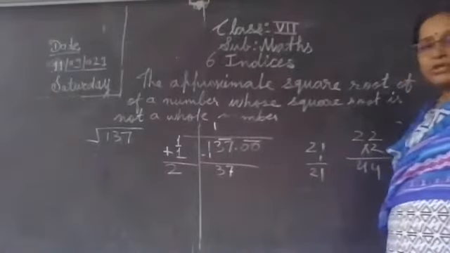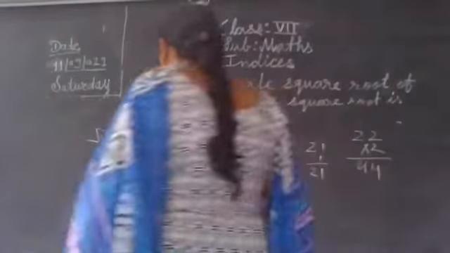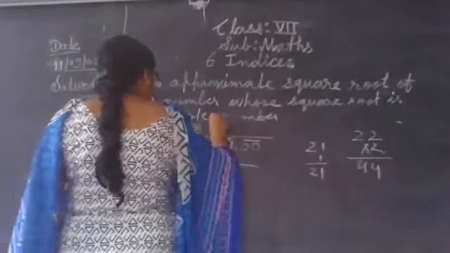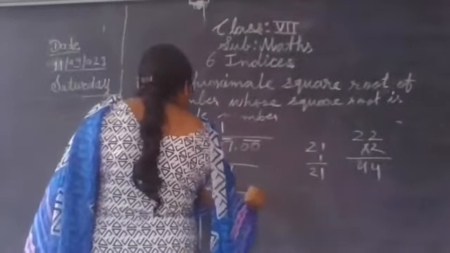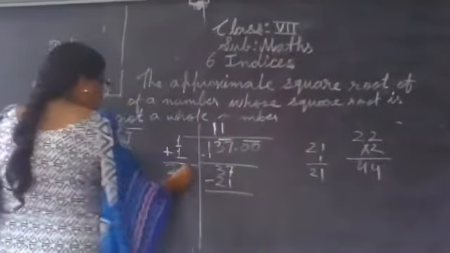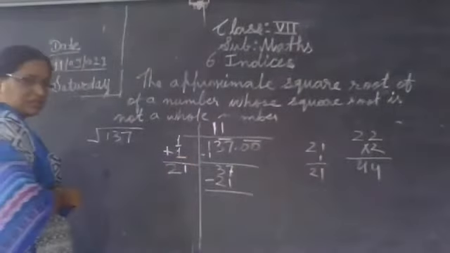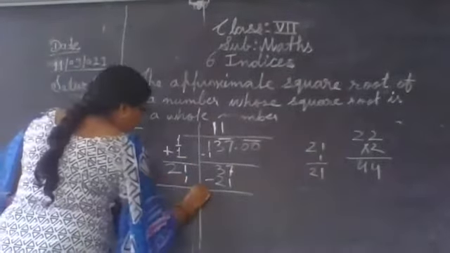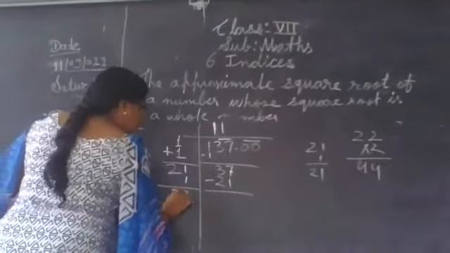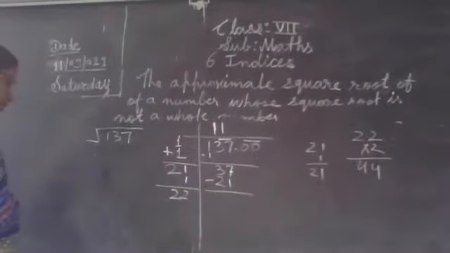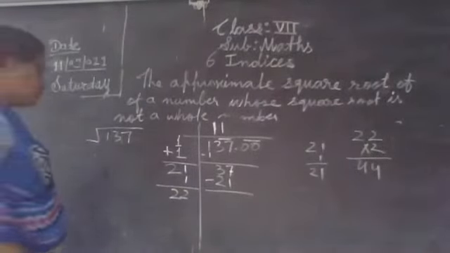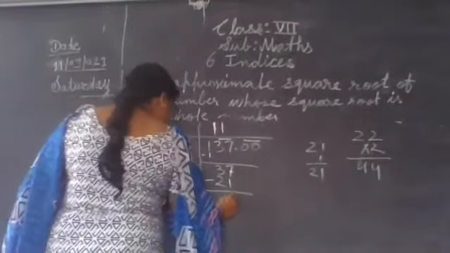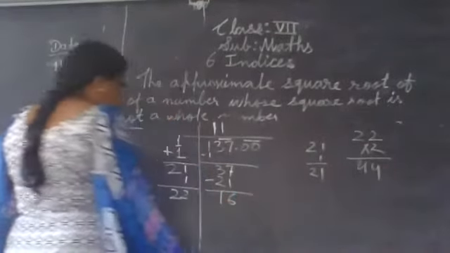So we get 21. Subtract. Here I write 1 and again add the 1, so it is 22. 7 minus 1 is 6, 2 minus 1 is 1.